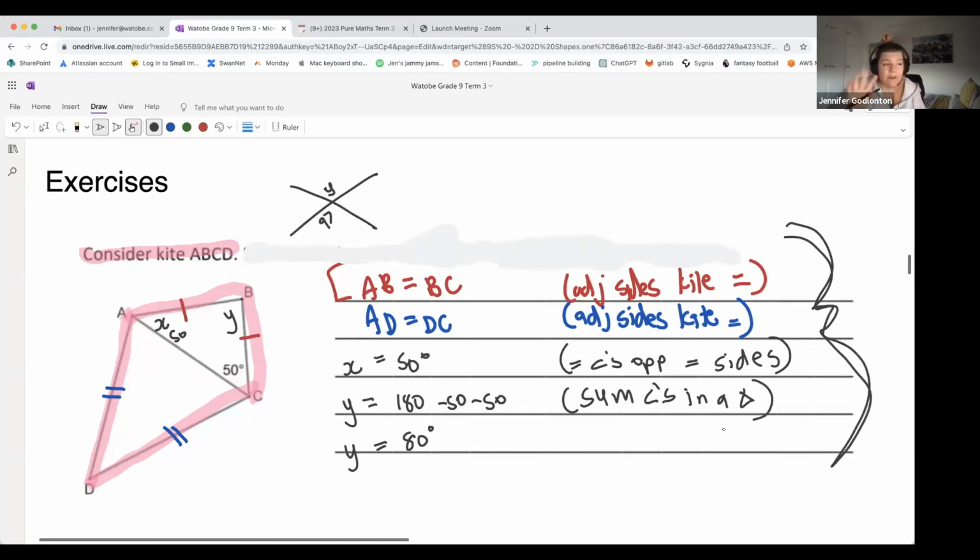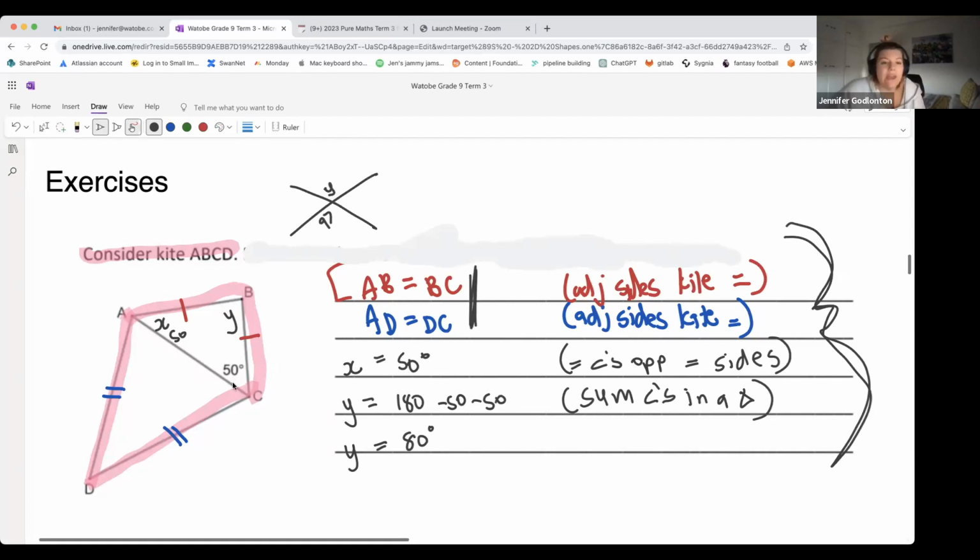Okay, Kwesi, where are you feeling confused? Can you pop your hand up so I can unmute you? Hello, ma'am. For the first two answers, how did you get it? The red line and the blue line.